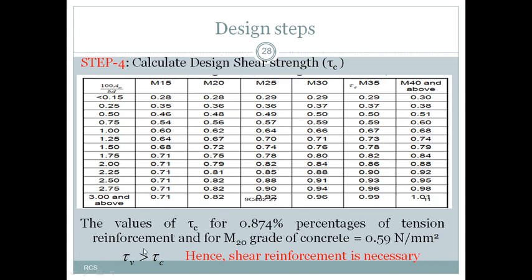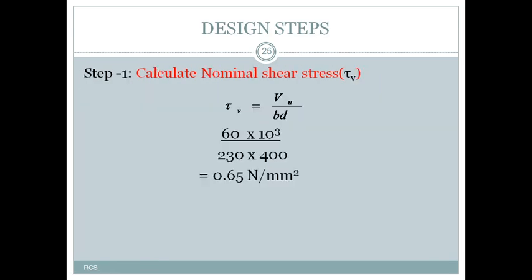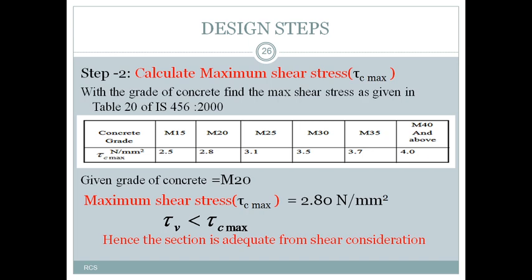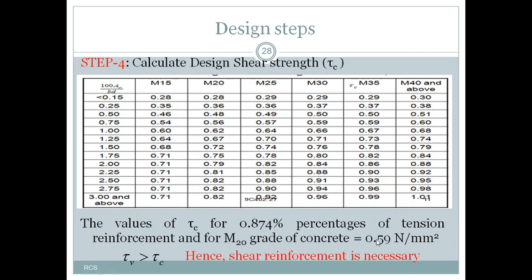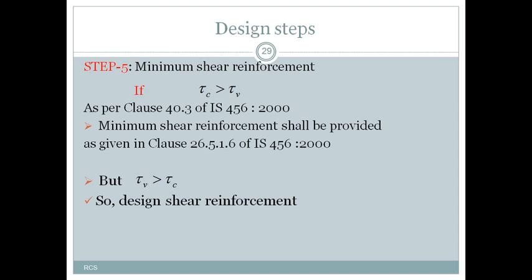Now compare your values. Tau V we got is 0.65, and tau C is 0.59. If you compare these, tau V is greater than tau C, hence we can say we have to go for design of shear reinforcement. Right. Next step will be minimum shear reinforcement.